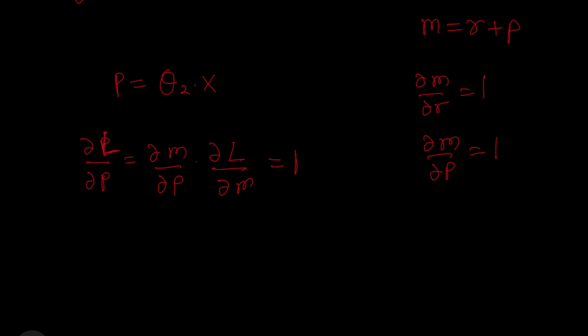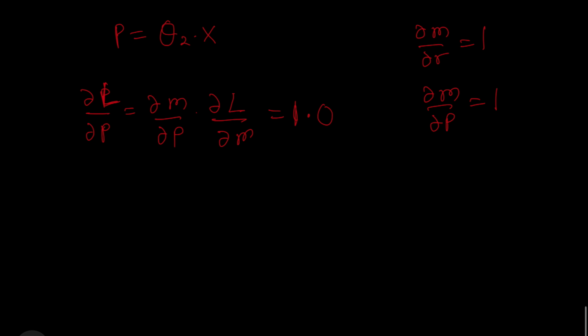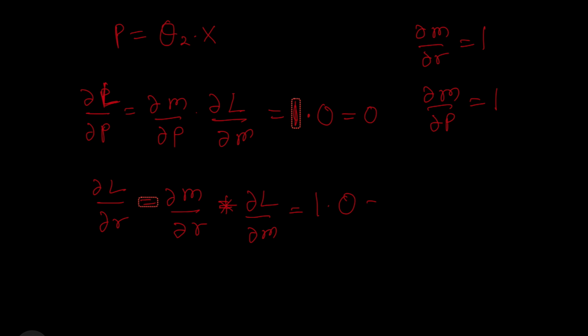Del M over del P we got as 1, del L over del M we got from here, that is 0. So hence 0. Similarly, del L over del R would be the local gradient del M over del R times del L over del M, which is again 1 times 0, 0.